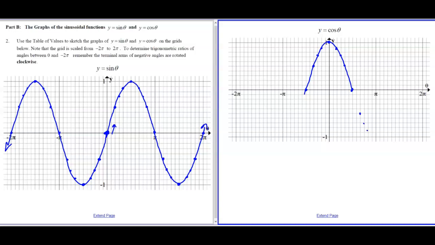So just give me a sec to get these. This is sine, cosine.